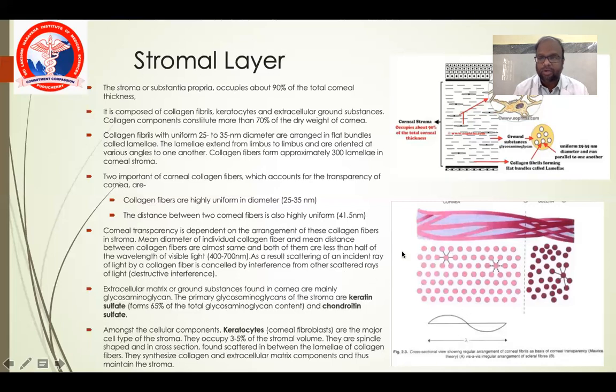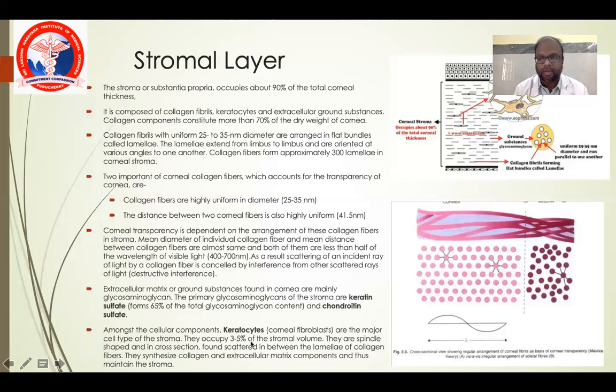This extracellular ground matrix is mostly composed of glycosaminoglycans. The glycosaminoglycans of the stroma are mostly keratan sulfate, which forms 65 to 70% of the total glycosaminoglycan content. And apart from this, we have chondroitin sulfate.